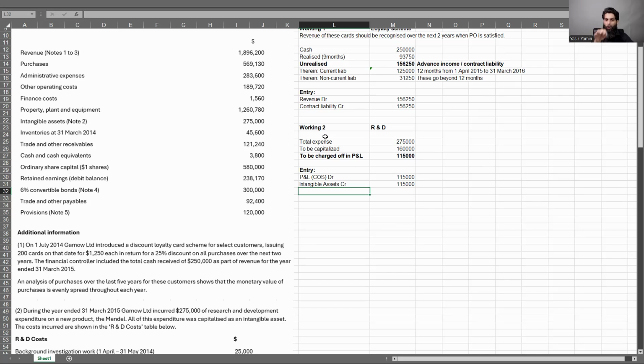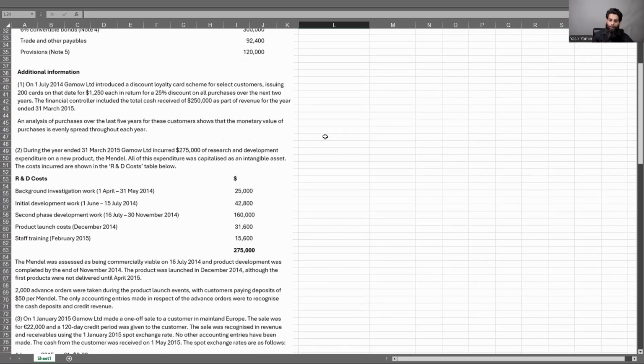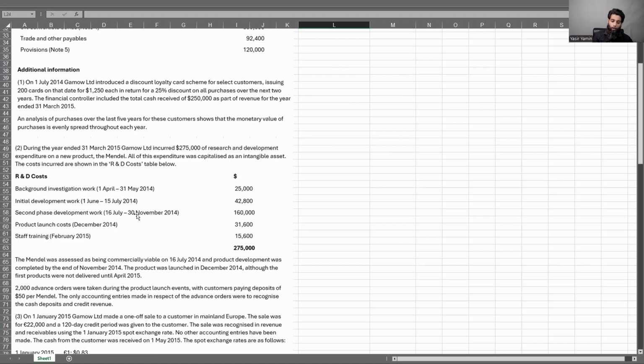Can we start amortization right now? We cannot start amortization right now. Somebody just said in the group that, sir, we should start amortization for the period of December till March.